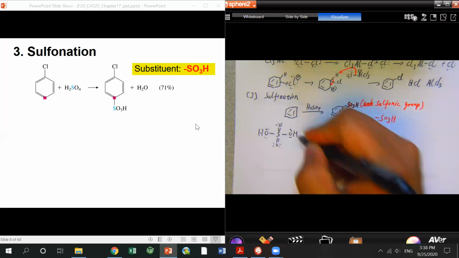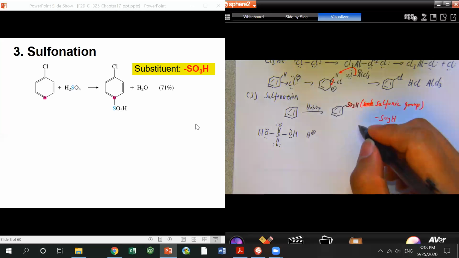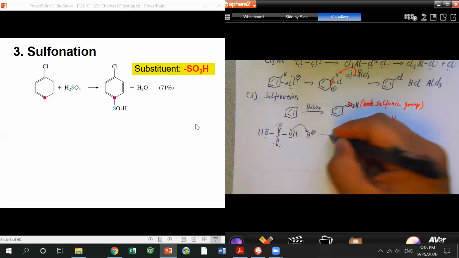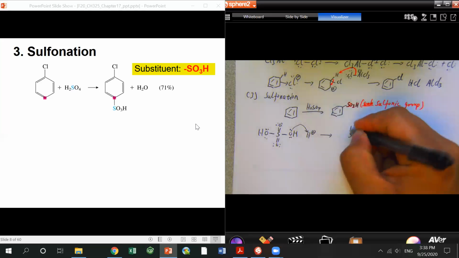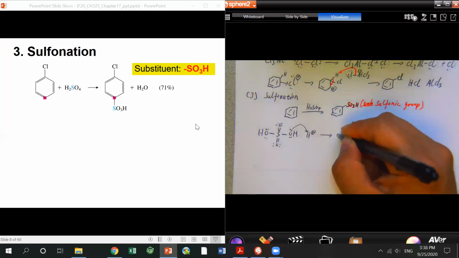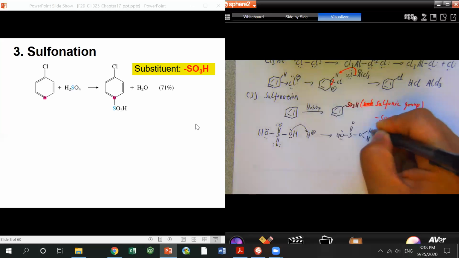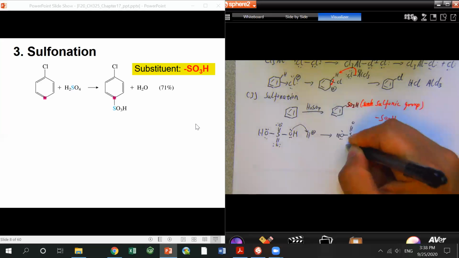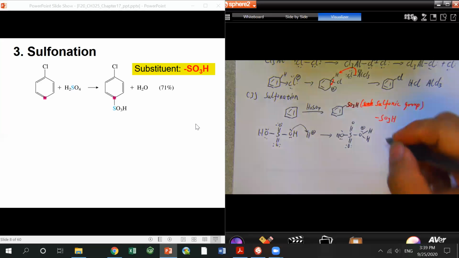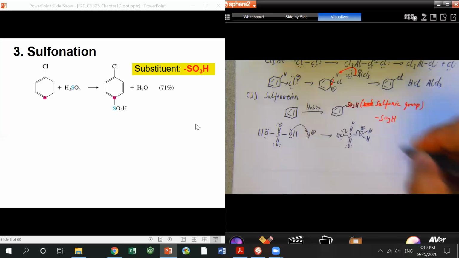Sulfuric acid itself provides protons, and in this case one OH group is quickly protonated into water. That water can get ready to leave, and then we push electrons twice and kick off the water.